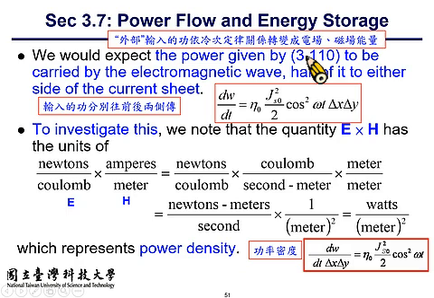So the product of E cross H has the same unit as the per unit area power delivered by the current source. And these things are also referred to as power density.